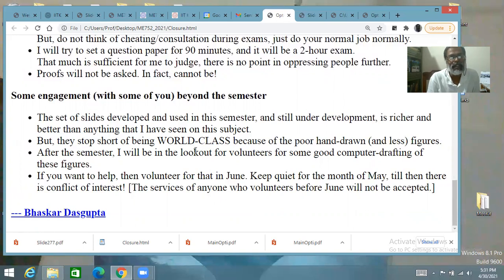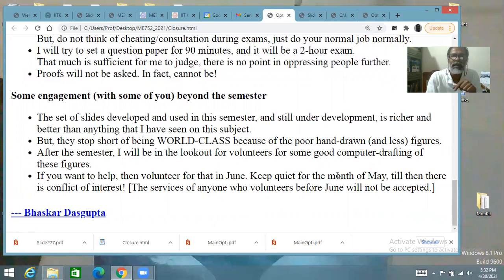And the quality of the slides is very good till now, except that they are still not really world-class because of the poor hand-drawn figures and fewer number of figures. I would love to have some more figures, which will be more explanatory and clearer, and I would like them to be nice computer drafted figures.